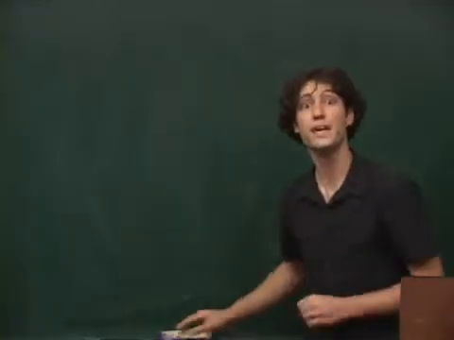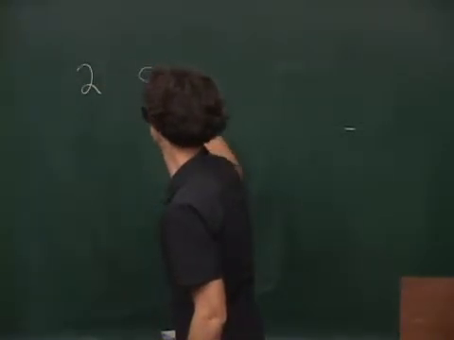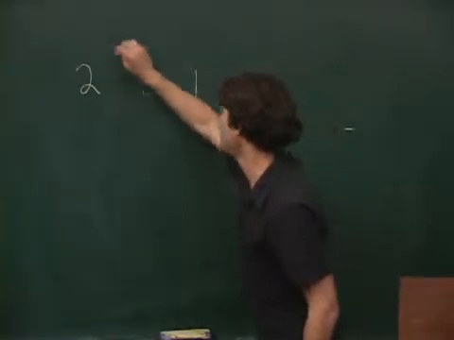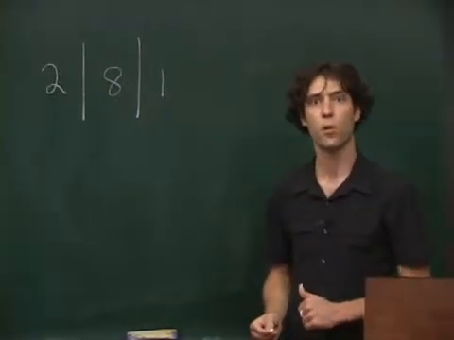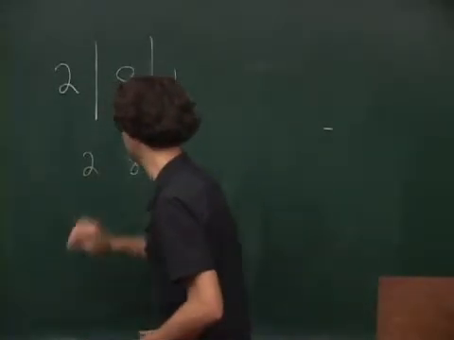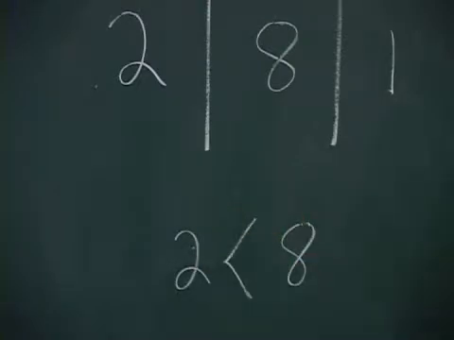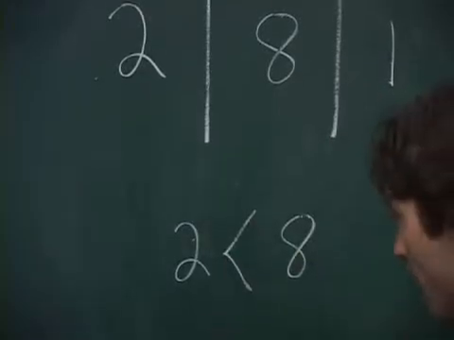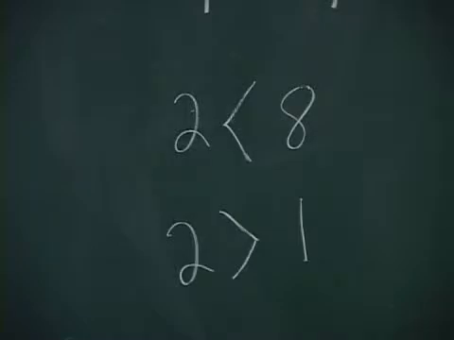If I put 3 numbers on the board, 2, 8, and 1, what can you compare about all three of them? Well, you can make first the comparison between 2 and 8. And you can say that 8 is greater than 2, or that 2 is less than 8. Or you can compare 2 and 1 and say that 2 is greater than 1, or 1 is less than 2.